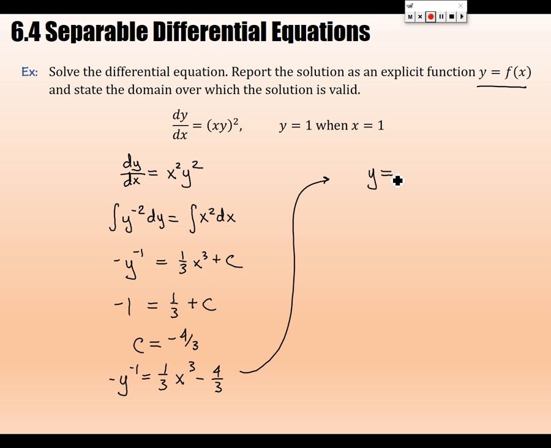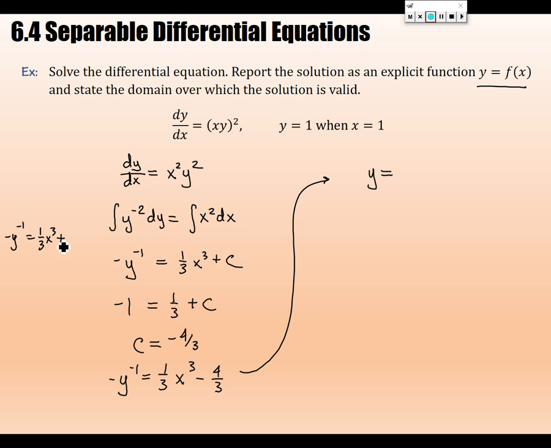What do you have? Oh, go ahead. Can you solve for it and just use c as a number, like negative x plus c over 3? It'll be different for the negative and the c. I think you're suggesting that we write the solution as negative y to the negative first equals 1/3 x cubed plus c.